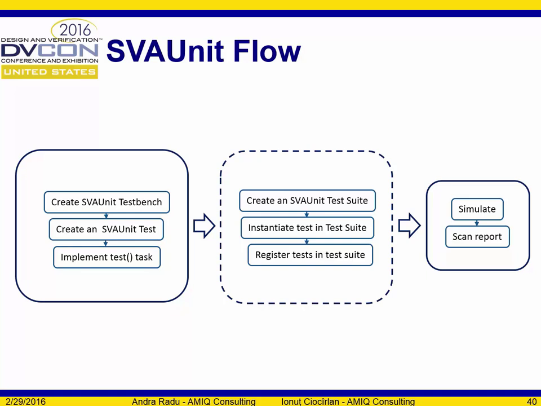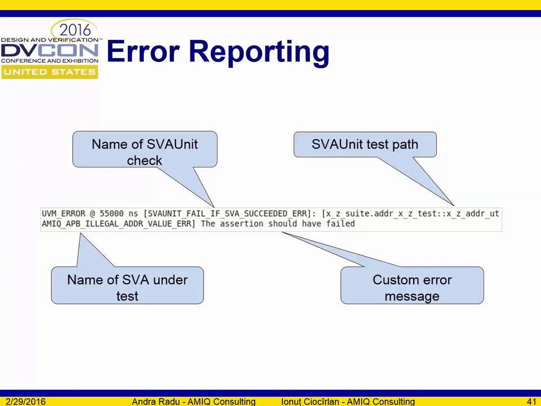So talking about reports, one of them, the most basic one, would be the error report. It is basic, but it is very important, since this actually shows you when you're finding issues in your assertion. It resembles a UVM error message for those using UVM. It provides the name of the SVA unit check that has failed. In our case, it is fail if the SVA has succeeded.